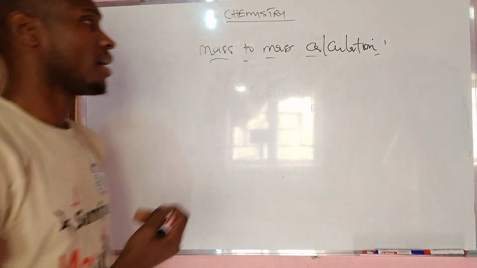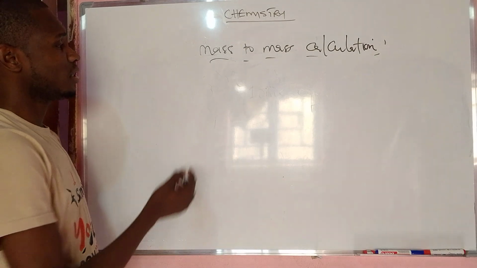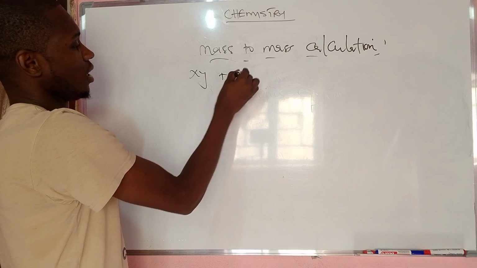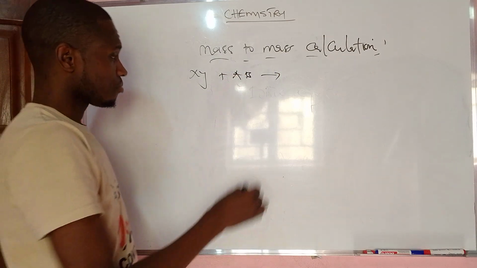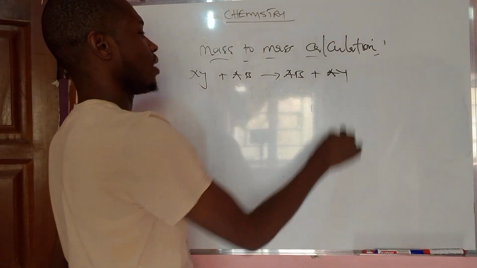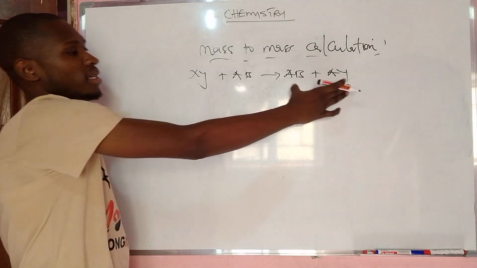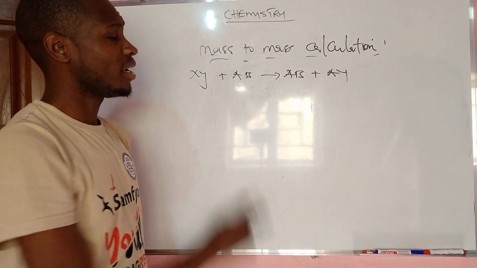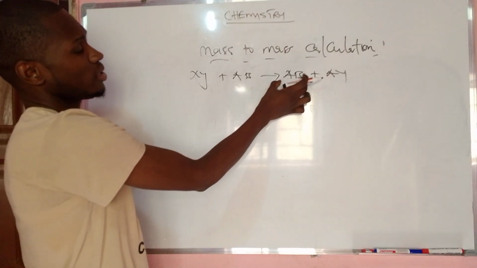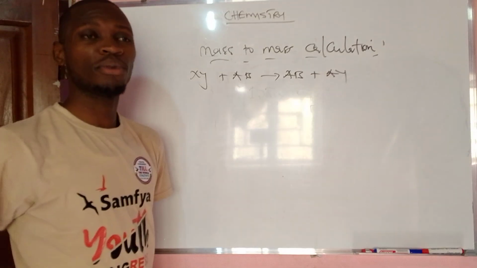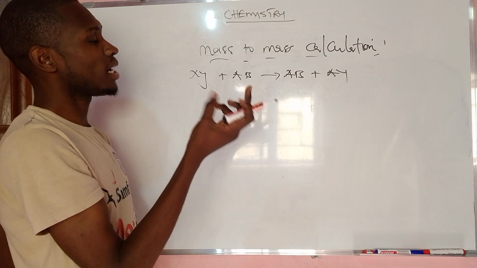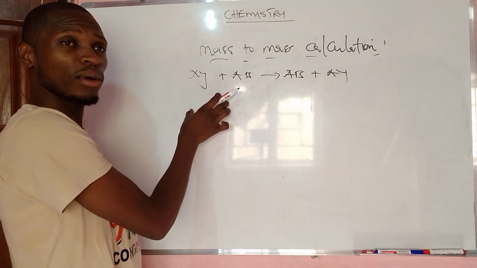So in this way, for example, let's say we have XY reacting with AB to produce XB plus AY. Let us assume that this is our equation. Now in this equation, we need to know that the product which has been produced can contain a maximum mass from the same one.